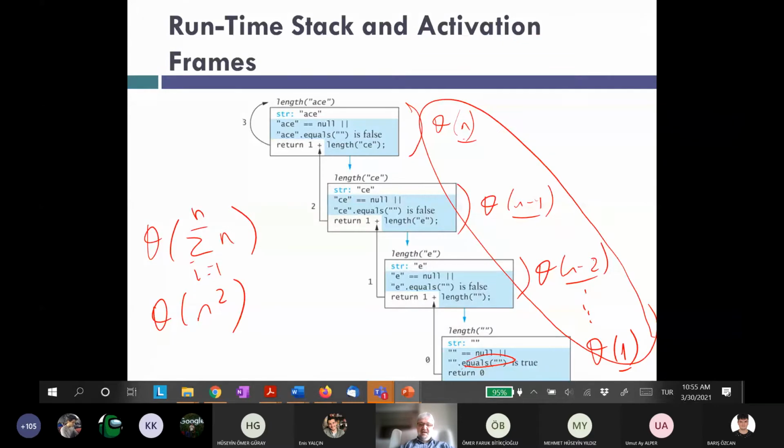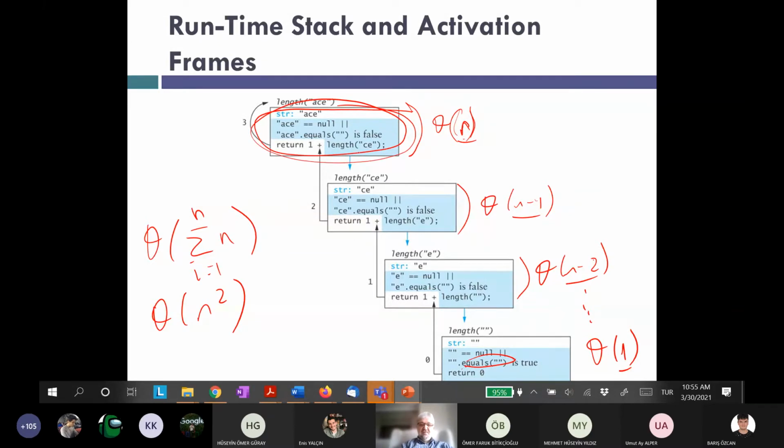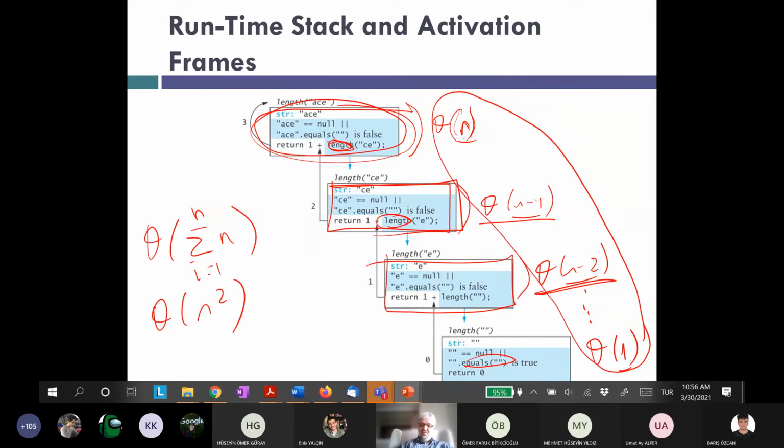For example, here we kind of solve the recurrence relation since we know that theta n time is spent for this first recursive call, excluding, of course, this recursive call, right? This recursive call will be handled here, and the running time of that recursive call is in here. And in that one, we have another recursive call here, and the running time is in here, right? And we should add them up to get the overall running time, which is theta n squared.